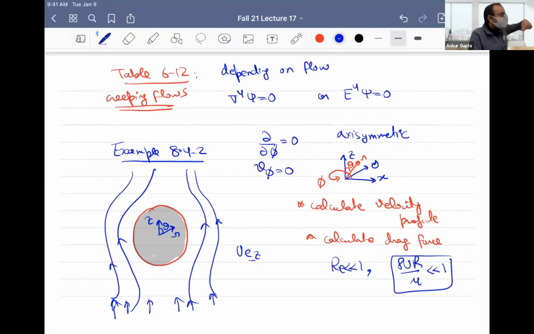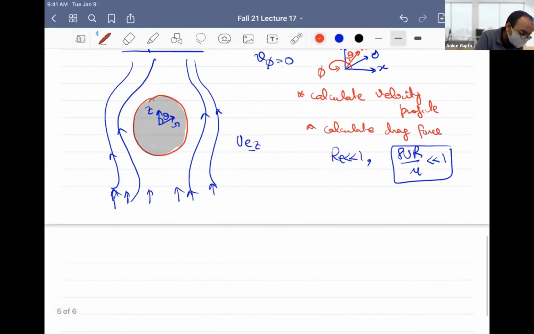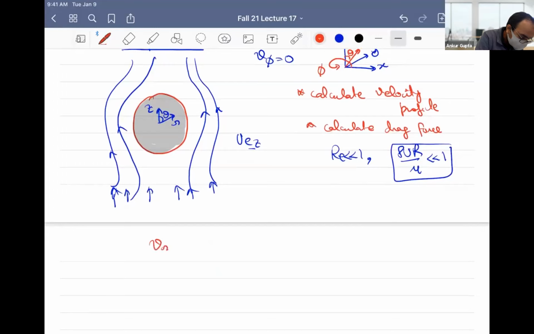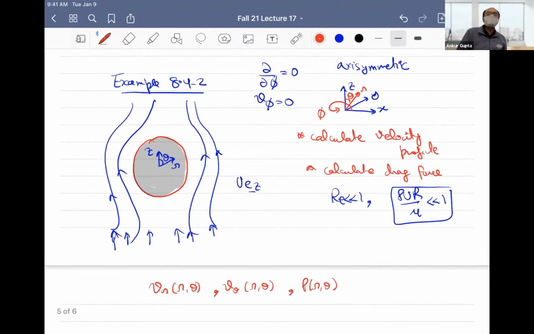There shouldn't be flow going across a circle. So we will expect that we have v r as a function of r and theta. We should expect v theta as a function of r and theta, and we should expect p as a function of r and theta, right? So pressure and the two velocity components can depend on r and theta. Okay, does it make sense?